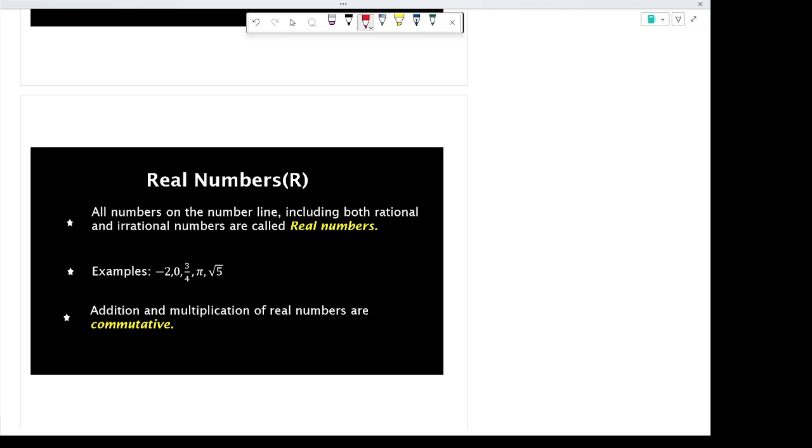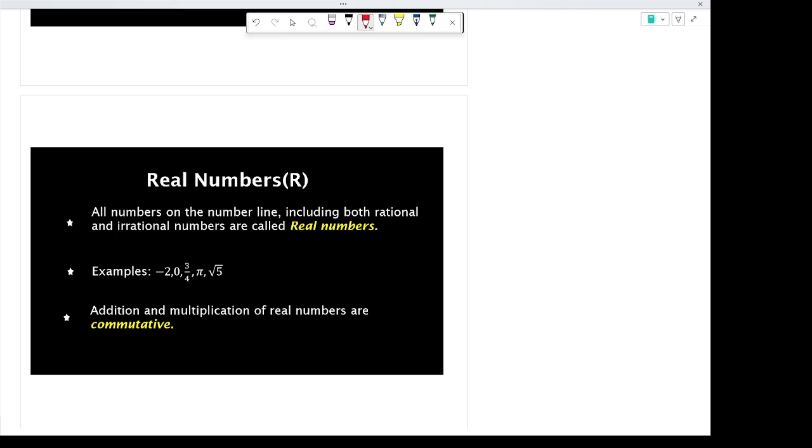One of the properties of real numbers is that the addition and multiplication of real numbers are commutative. That is, the addition, the plus, and the multiplication of real numbers are commutative.